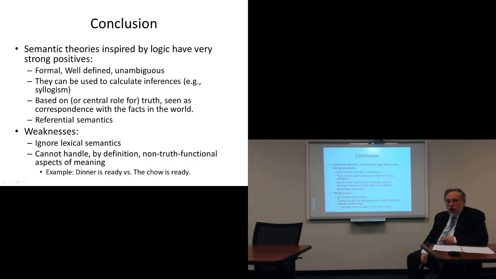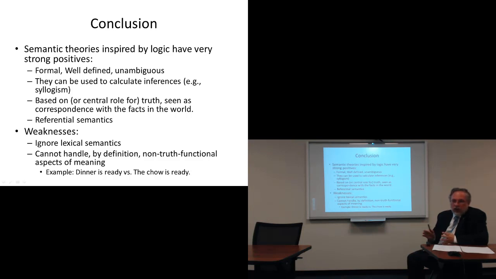Well, first of all, it's formal. We didn't look at the formalism because it's complicated, but you can write all of these representations with formulas that are very, very clear, and you can understand immediately whether it's correct or not. As I said, they can be used to calculate inferences, and they're based on the idea of truth, which is very clear, straightforward and understandable.